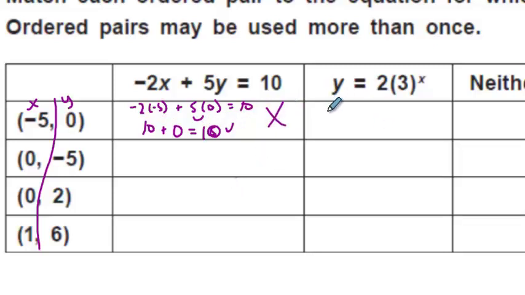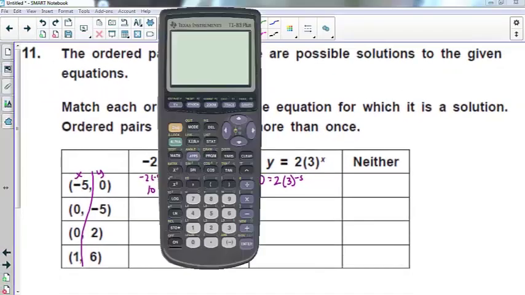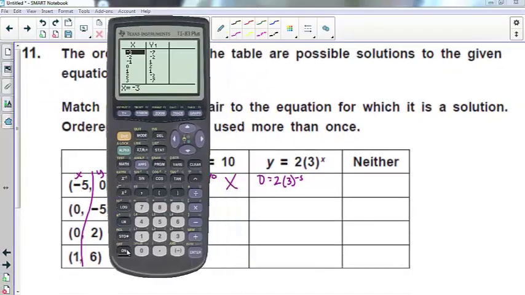On this one, I have 0 is equal to 2 times 3 raised to the -5th power. Plug this into your calculator. Okay, turn it on. You need to plug it in, because everyone, I should hear your clicking because you're doing it yourselves. 2, parenthesis, 3, close parenthesis, caret, and then yours, I don't know if it opens a window for you or not, but parenthesis -5, close it up.